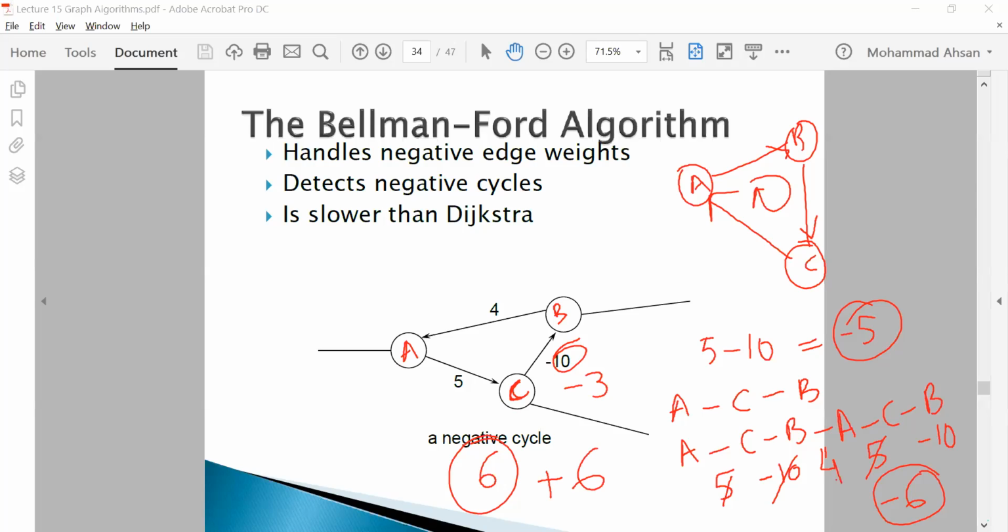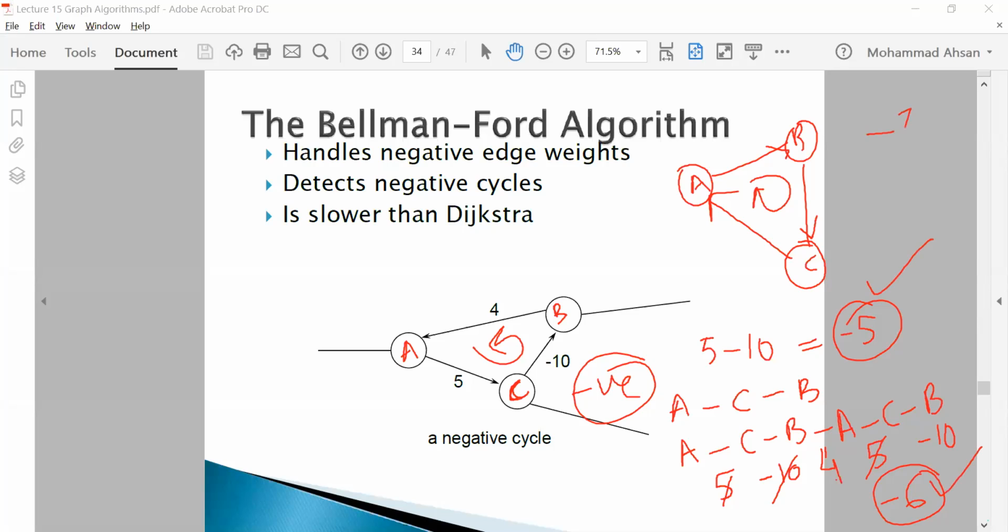But when the cycle weight is negative, then every time you loop around, you will get a reduced length of the shortest path. In a way, your algo will never terminate, because every time you loop around you will find something less than the previous value. We had minus 5 first, next time we'll have minus 6, next time minus 7.